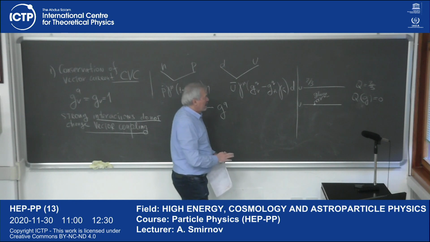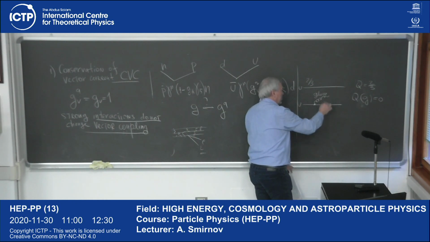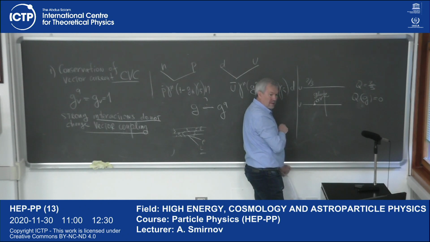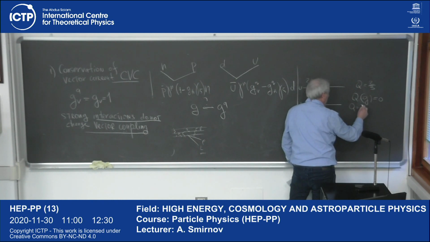And the gluon has electric charge 0. Now, if we measure the electric charge of this system, say put some detector, and at this moment we measure the electric charge, what we will get? We will get again charge 2/3 because this is neutral. So again this system will have charge 2/3.